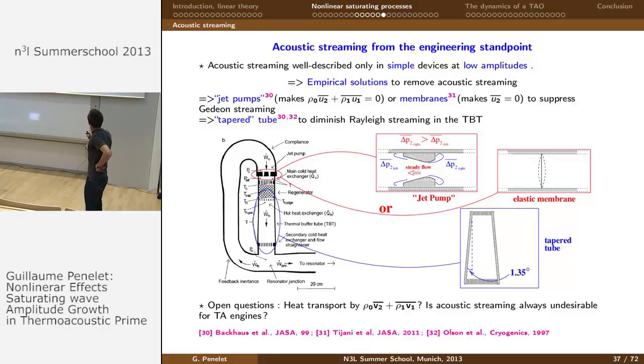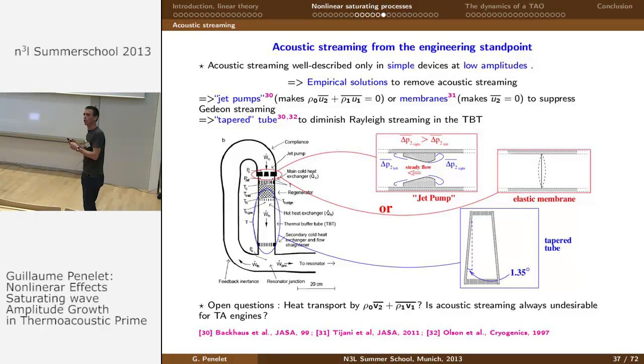Or we can use what we call a jet pump, which is an asymmetric constriction that, when it is placed in an oscillating flow, will generate an asymmetric pressure drop that will generate a steady flow which is used to counteract the steady flow due to acoustic streaming.